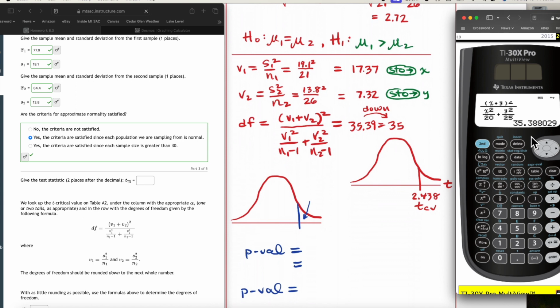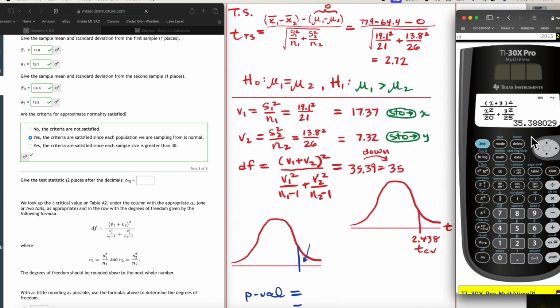Okay, and then you might note that we got 2.72 up here for the test statistic, so that is bigger than the 2.438, and that's going to make it statistically significant. So I'll just go ahead and plot that just a little bit to the right here, and note that that represents our T test statistic, which we are going to call significant.